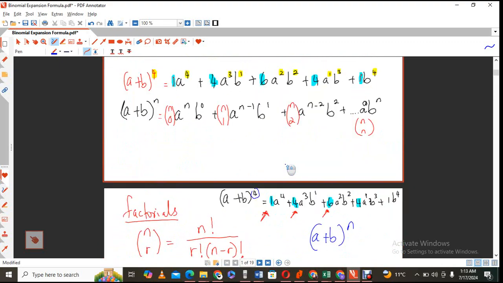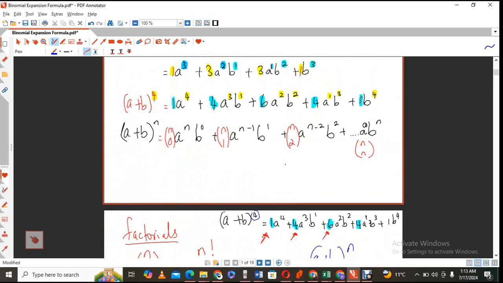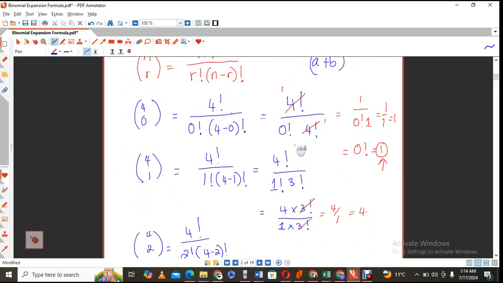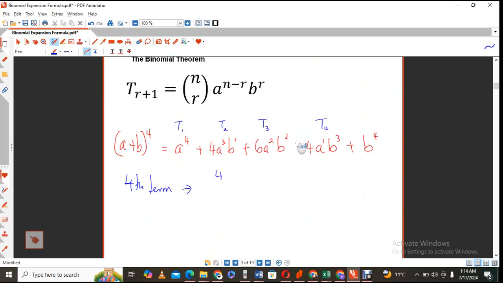But going back to my formula here, that's the first term, term 2, term 3. Can you see that you have got one less than that, and term 4 will be where the r value here will be 3. So if I'm asking for the fourth term, my r will be 1 less. So it means I'll now deal with 4 choose 3, for example. And let's put that in practice.